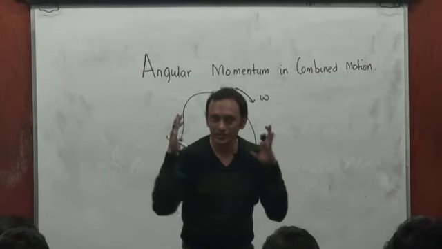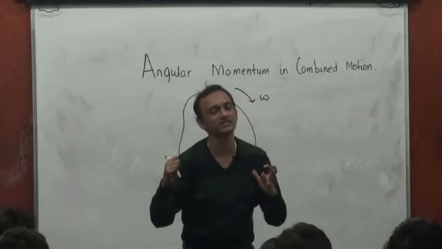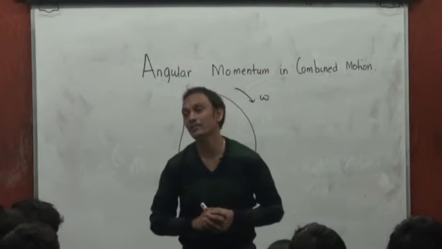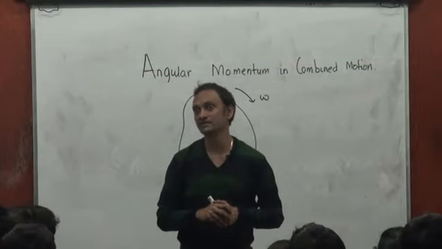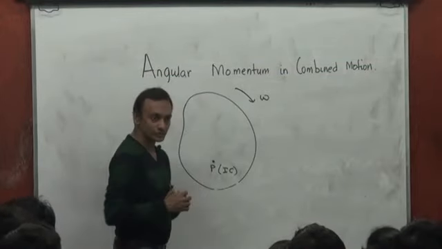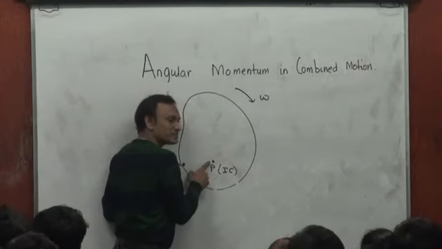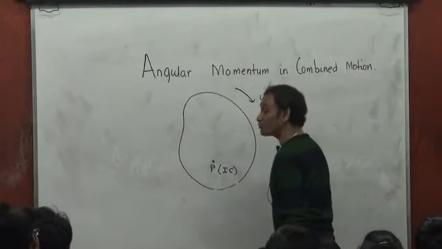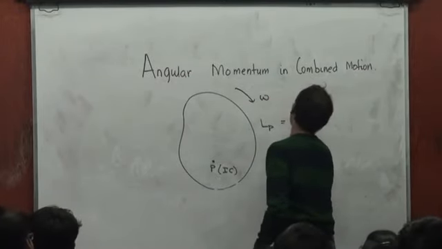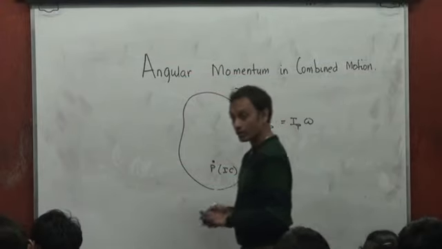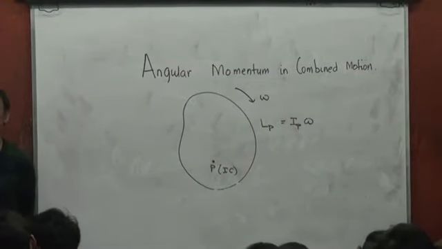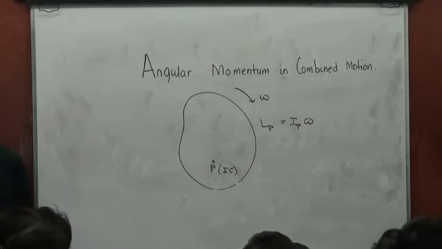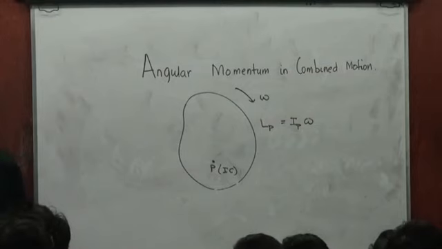So if you have to compute the angular momentum about P, since it's in a state of pure rotation about P, it's going to be I about P into omega. The angular momentum about P is I about P into omega, even in general rigid body motion.